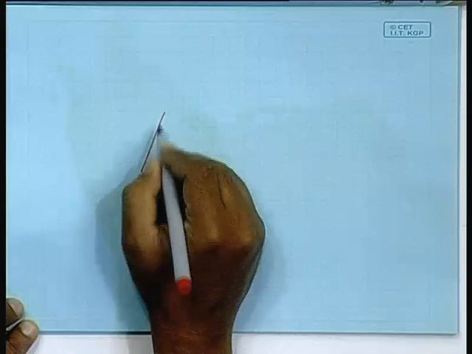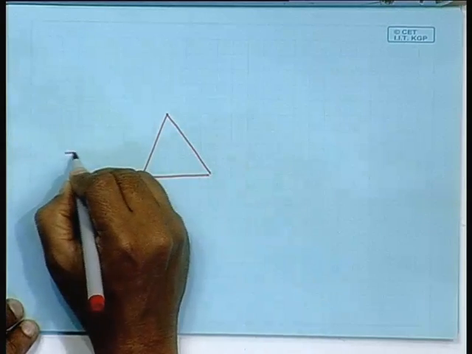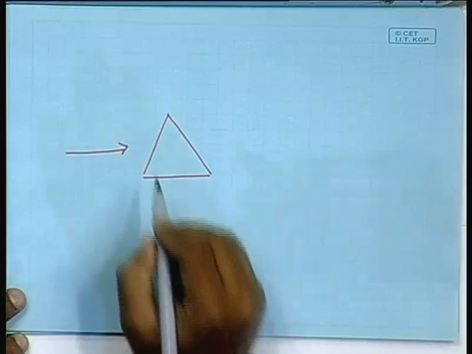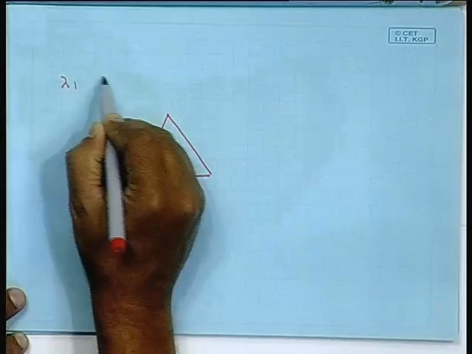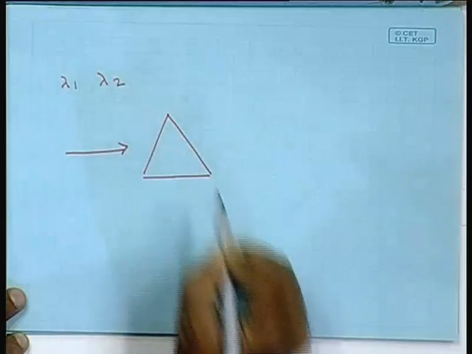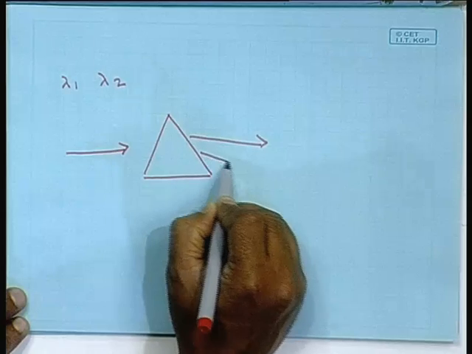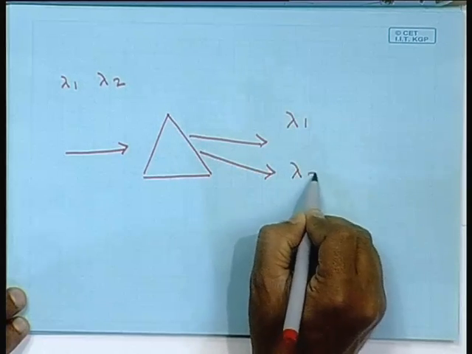So, the situation would be as follows. We know that glass has a different refractive index for different wavelengths. So, if you send in light which has two wavelengths in it, lambda 1 and lambda 2, the two wavelengths would come out at different angles, even though they are incident at the same angle.